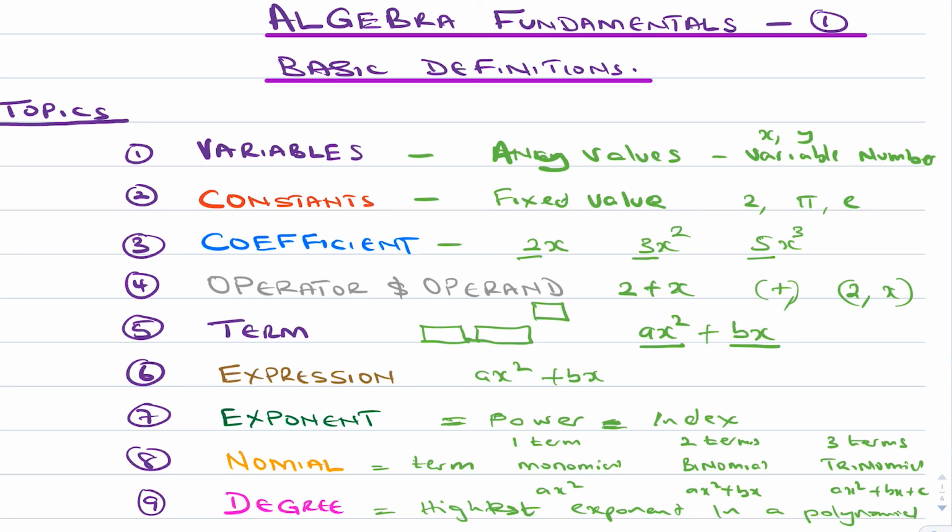So a degree is the highest power. Exponent is power or index. So a degree is the highest power in a polynomial. In a quadratic, the highest power is 2. Hence, the degree of polynomial is 2.